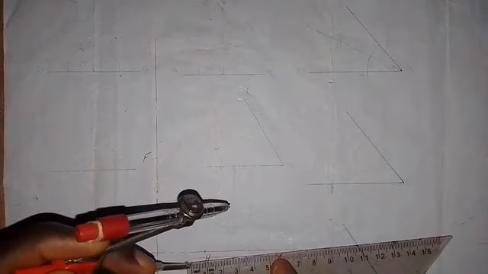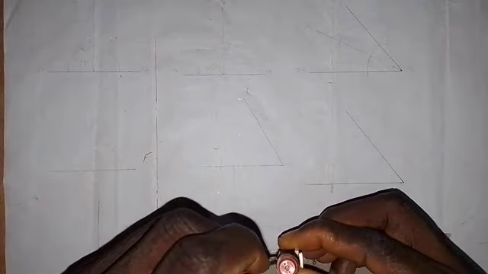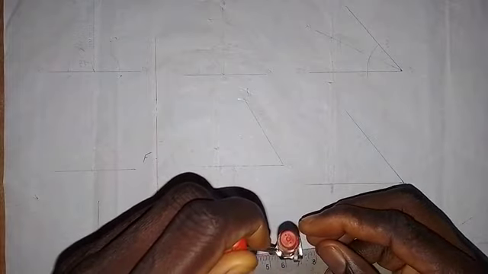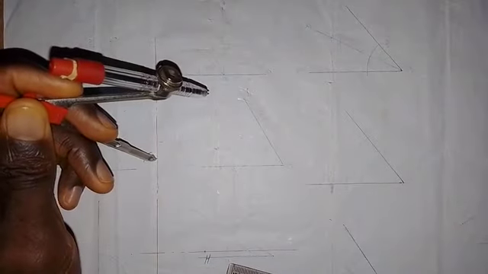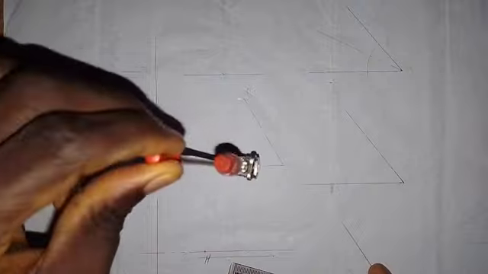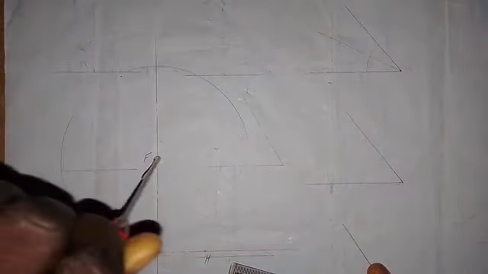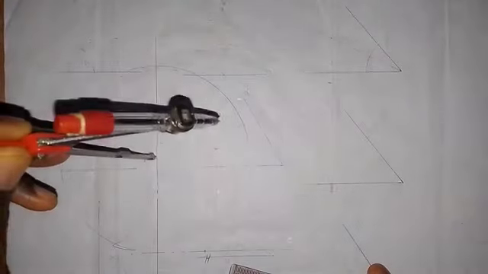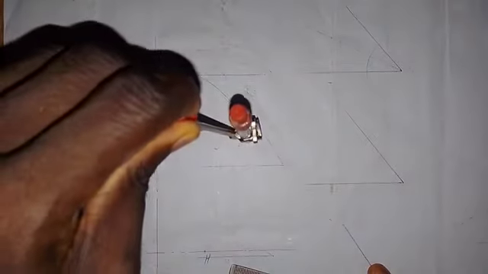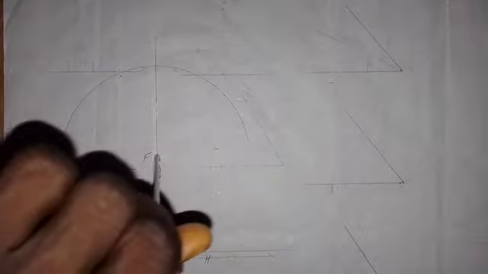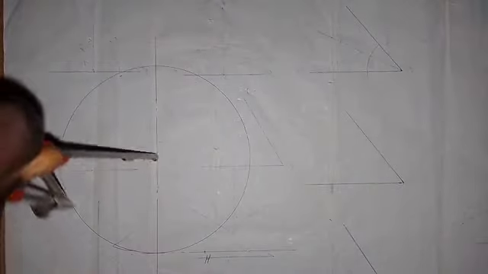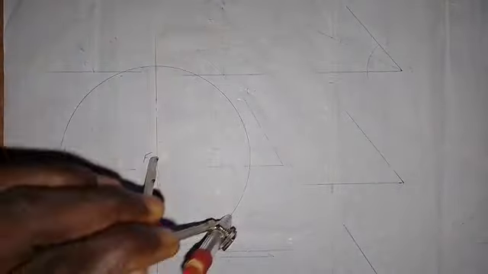That is FG, 60 millimeters. I will put it at this point F here, and then draw a circle. So this is the circle.